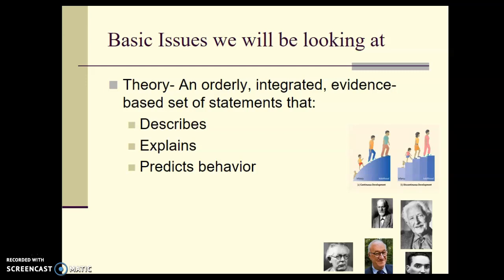So this class stops at age 18. But we are going to look at a lot of theories, especially in this first chapter. And in the next chapters, we will look at how those theories actually play out in infancy, early childhood, middle childhood, or adolescence, depending on the theorist.